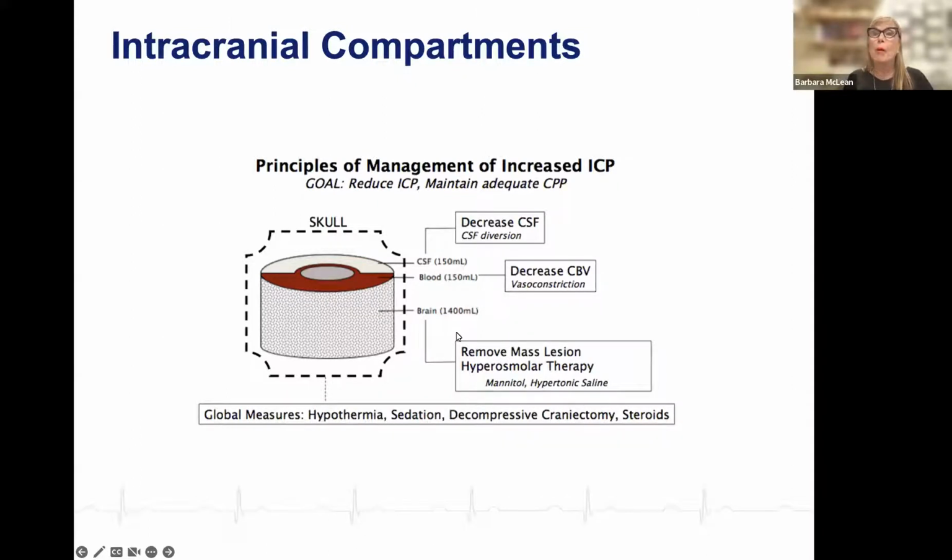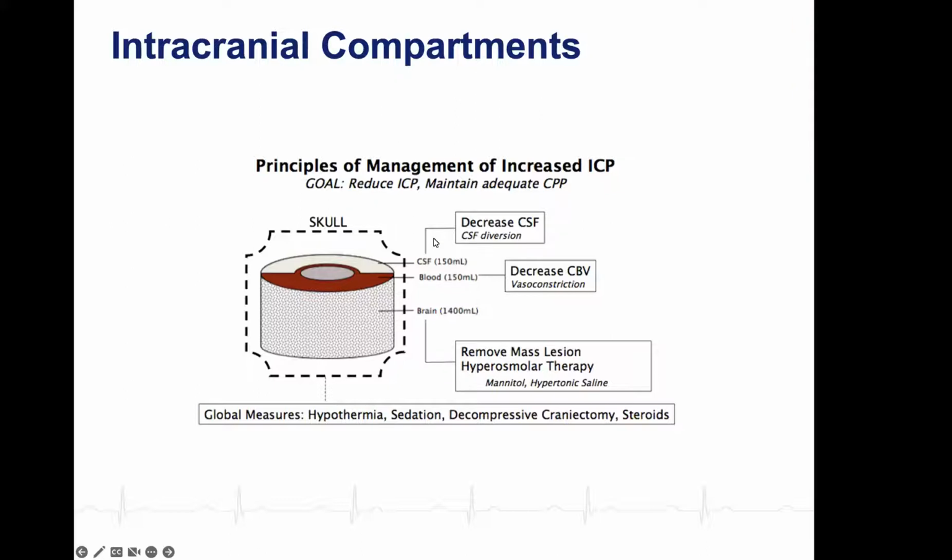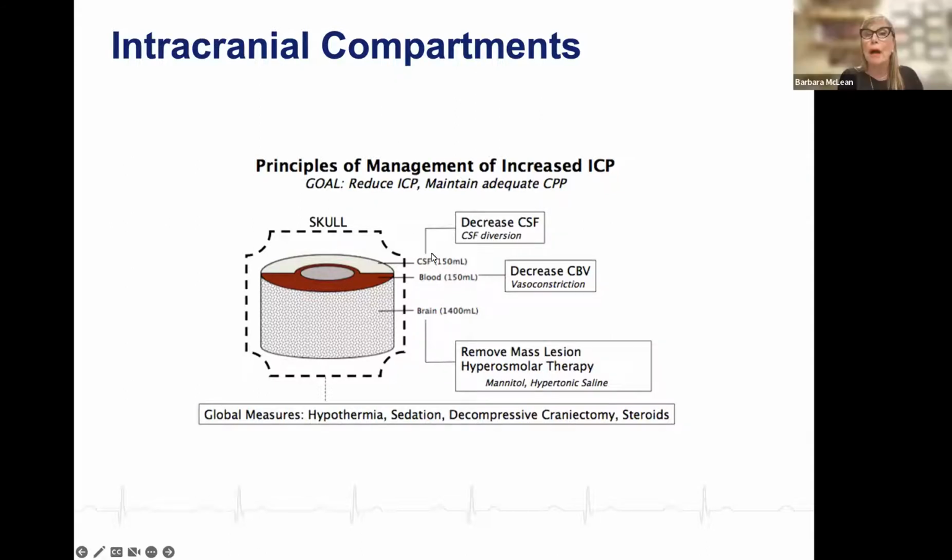Really incredibly important to remember that when we talk about an increase in volume, we're talking about free water, we're talking about engorged chambers holding cerebral spinal fluid, we're talking about an increase in our brain volume, or we're talking about an increase in free blood. You can also have an increase in the controlled blood in the blood vessel, but really important to remember these three occupants. So 80% occupied by brain, 10% by blood, 10% by cerebral spinal fluid.